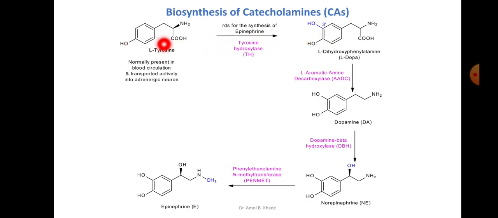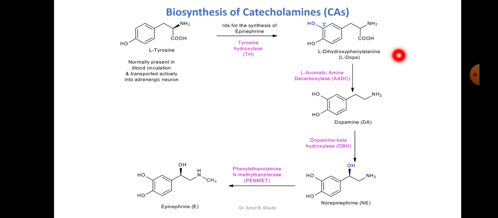So you can compare the structure of L-tyrosine with that of L-dihydroxyphenylalanine, which is also abbreviated as L-DOPA, right? Now here what has happened? There is a hydroxylation at the 3' position of this benzene ring or phenyl ring due to the tyrosine hydroxylase. And this is actually the rate determining step for the synthesis of epinephrine.